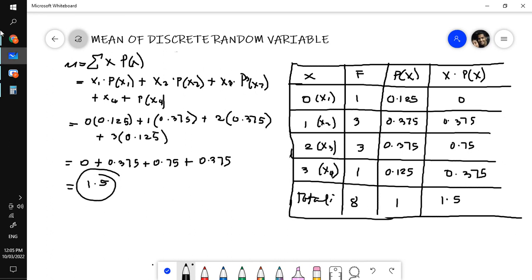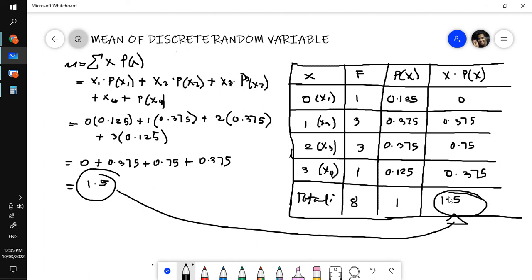So they still have the same result, but if you want your data to be organized, you can construct a table, or simply use the formula directly. You will still come up with the same answer. So that is how you will get the mean of a discrete random variable.